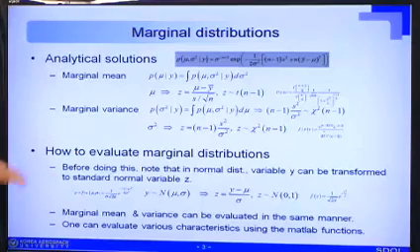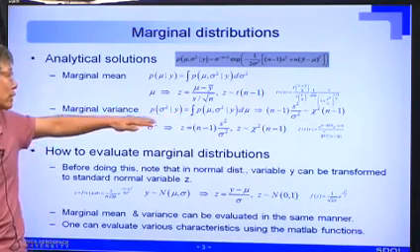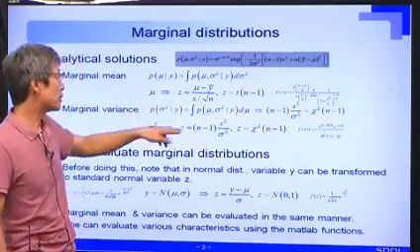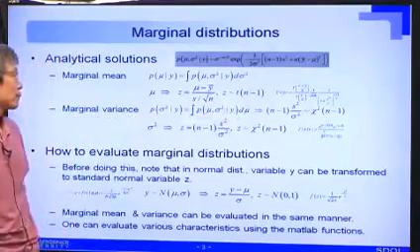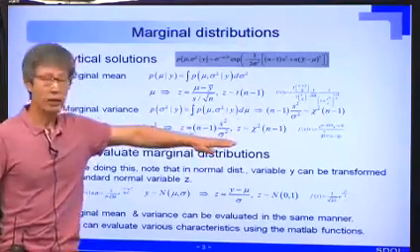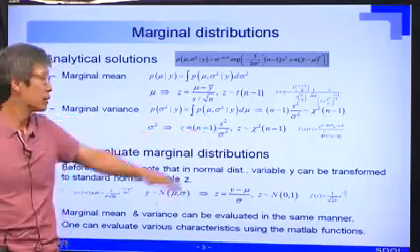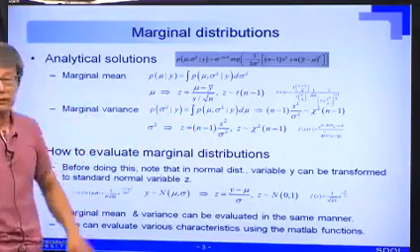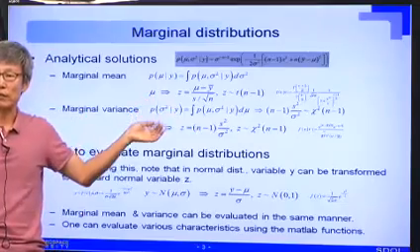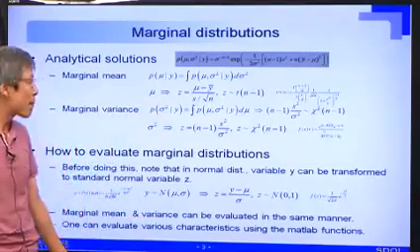The other one, the marginal variance, goes through the same process. In this case, we integrate out the mu, and in the end, we get this expression. It is a little familiar, something we learned on Wednesday, 2 days ago.